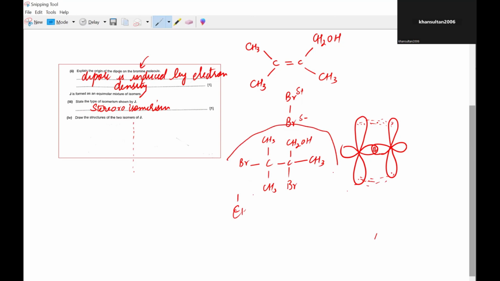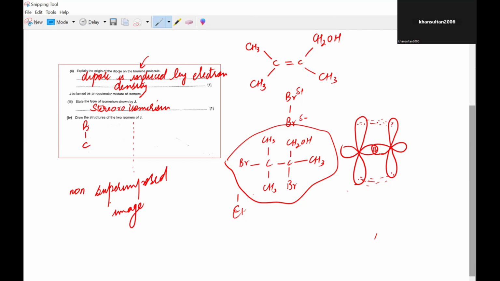So how are we going to show them as stereoisomers? We know that stereoisomers are non-superimposable mirror images of each other. So how is this structure going to form?